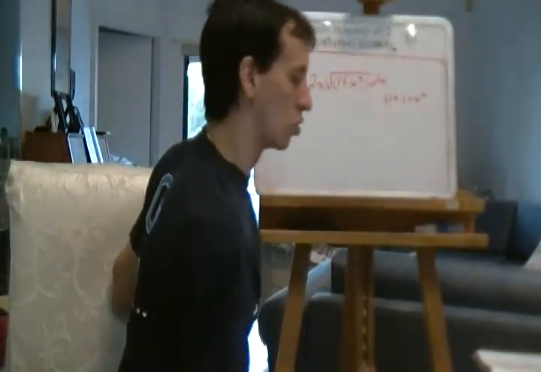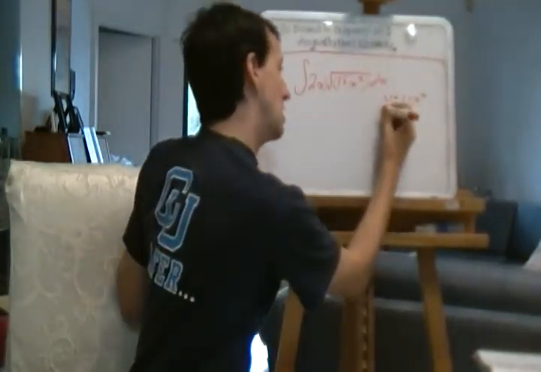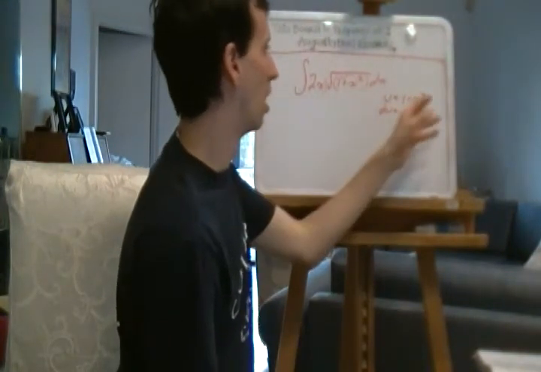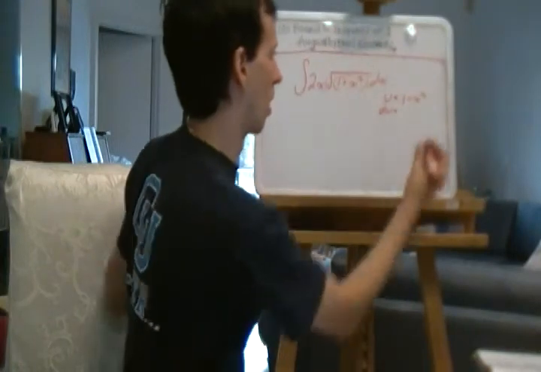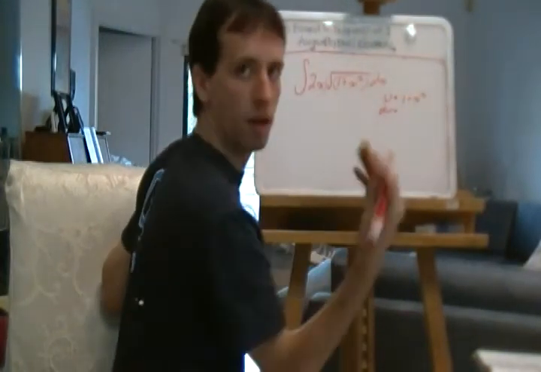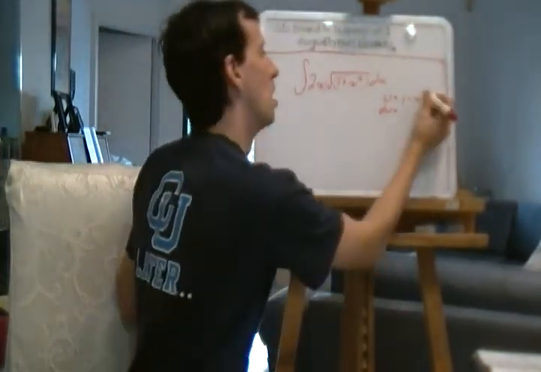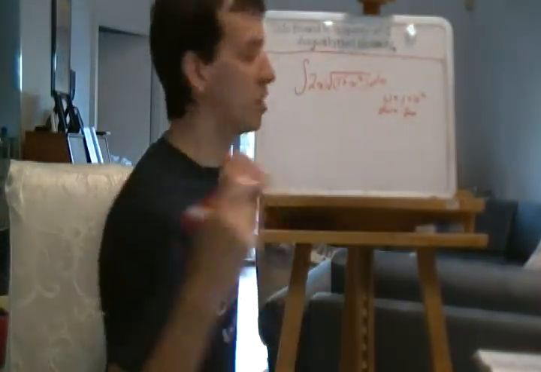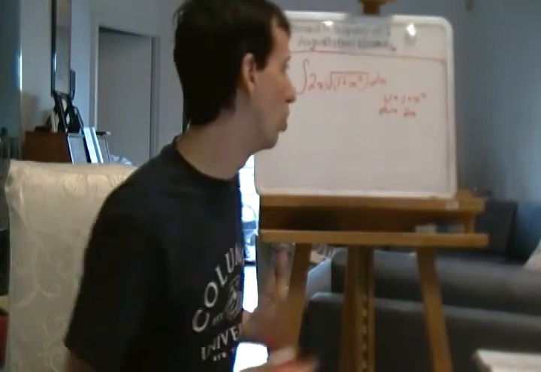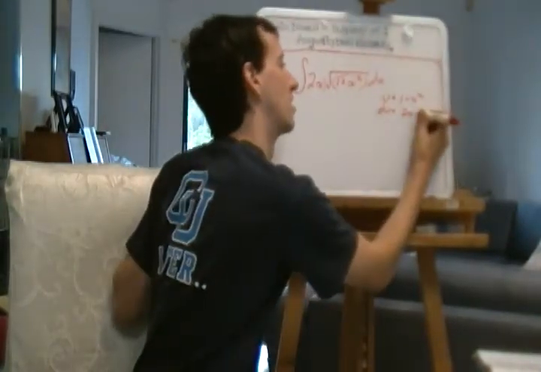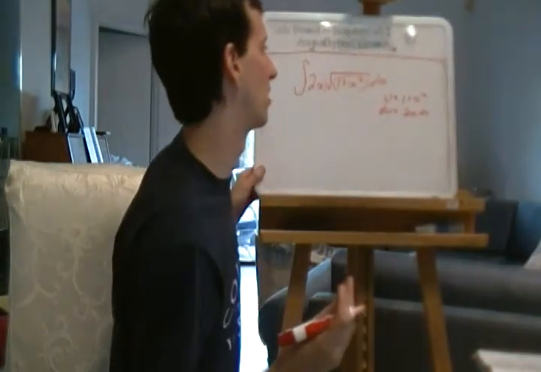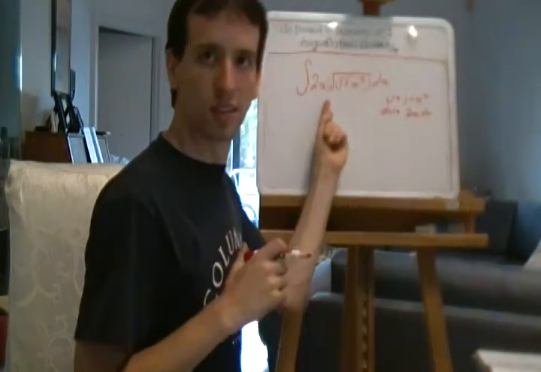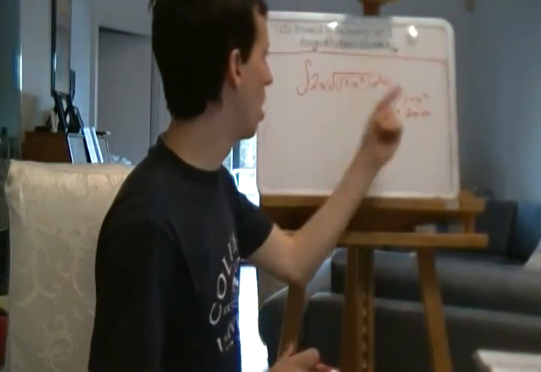So we've got u equals 1 plus x squared. du is going to be the derivative of 1, which is 0, plus the derivative of x squared, which is 2x, and we still have that dx there. So du is 2x dx.